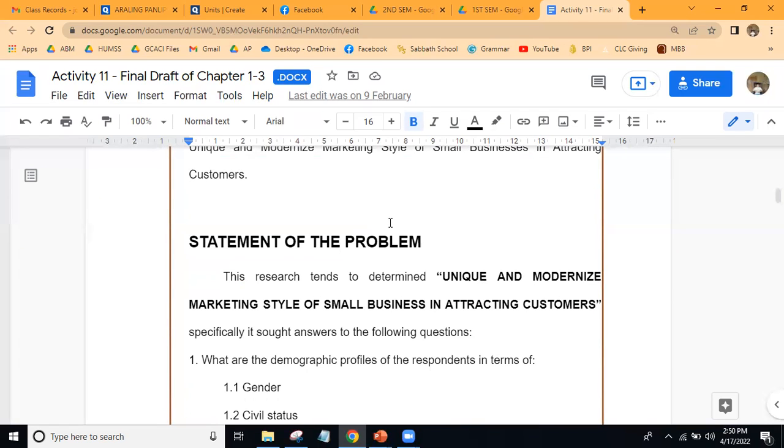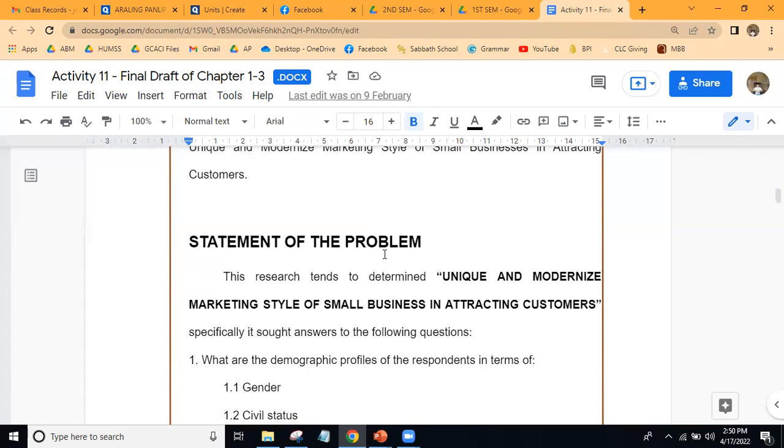Because what we put in the statement of the problem, the questionnaire that we are going to create before we survey, must be aligned to the statement of the problem that we created. And of course, the presentation of the data in chapter 4 must also align with the statement of the problem, and the conclusions as well.